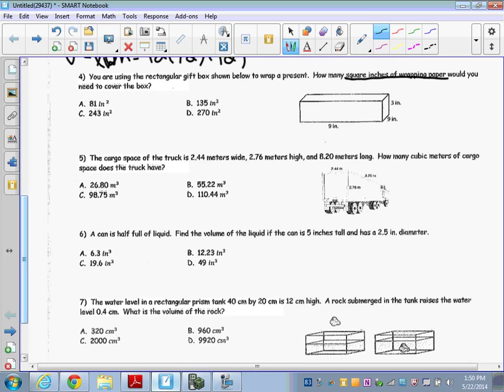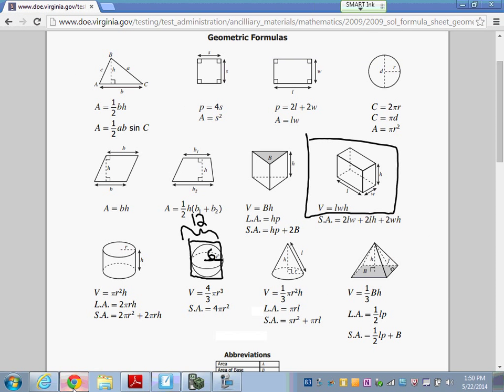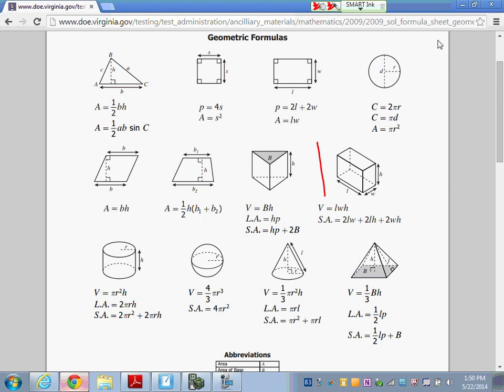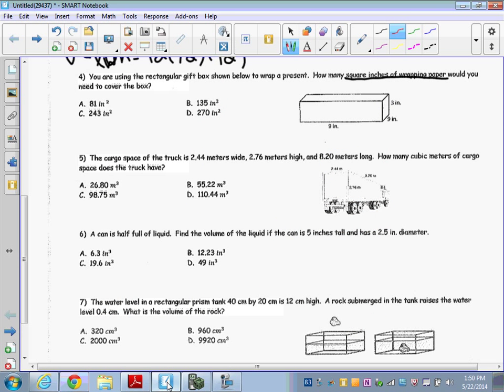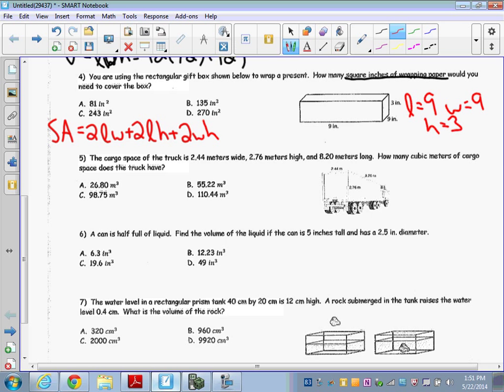So what we're going to use is surface area. So let me clear the ink again. Our shape is a rectangular prism, and this is the formula for surface area. So again, I'll copy the formula down. And right here I have a length of 9, a width of 9, and a height of 3.